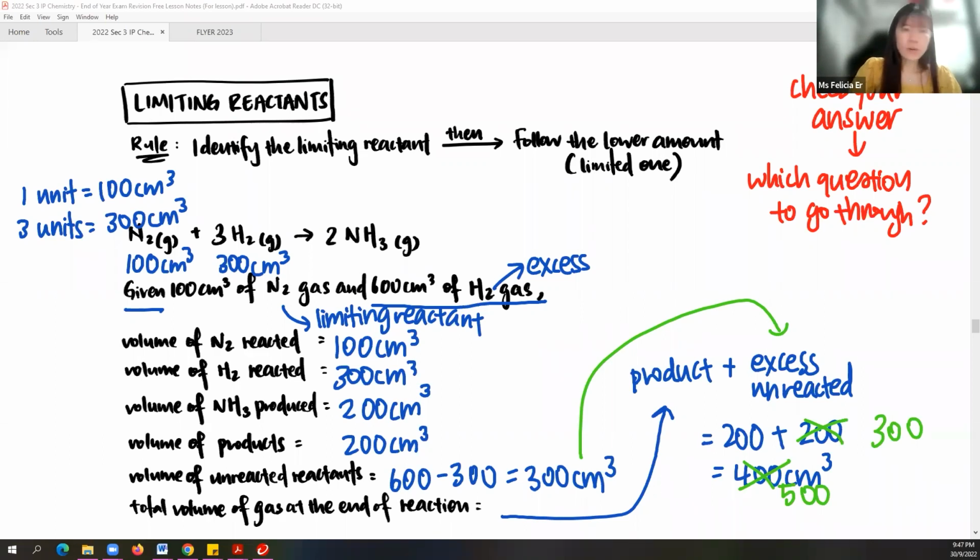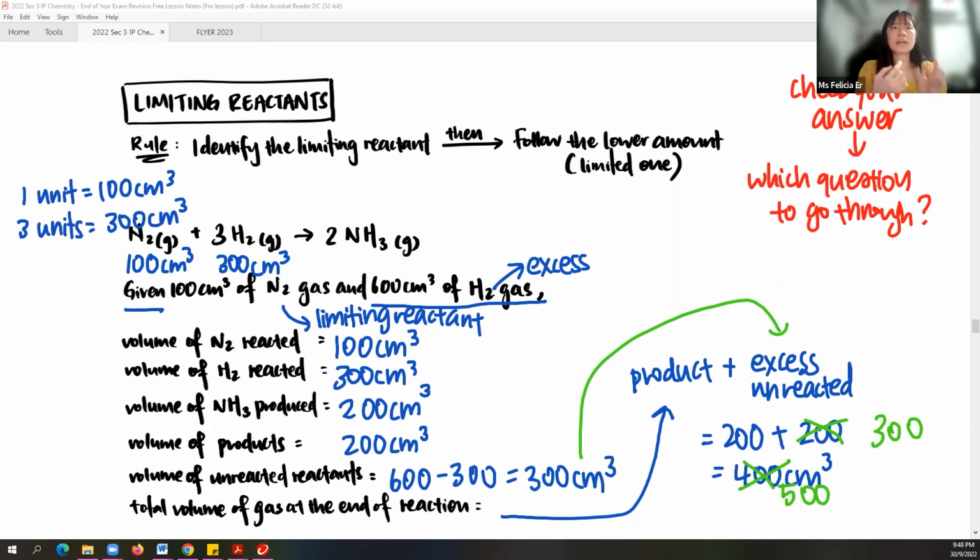Yes, for Chengyu, is Chengyu still around? Okay, let me maybe answer Prasanna's question first. You're asking about the difference between percentage purity and percentage yield. Percentage purity is about, maybe I dig out this stone, how pure is it? That means how much is pure iron versus the impurity.